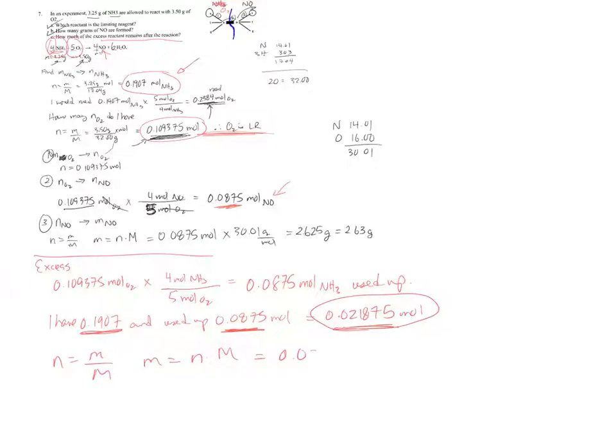Moles, 0.021875 moles times the molar mass of ammonia, which is 17.04 grams per mole. So it'd be 0.37275. That's how many grams would be left over of the ammonia. Okay, hopefully that helps you with that question number 7.